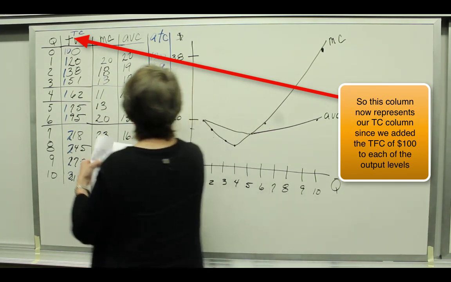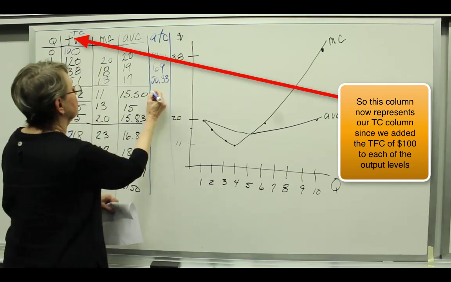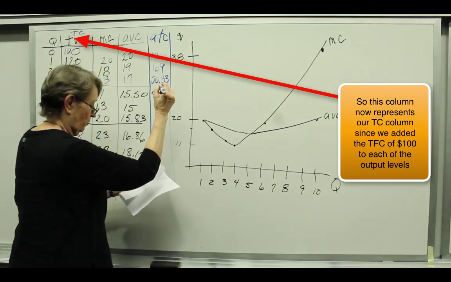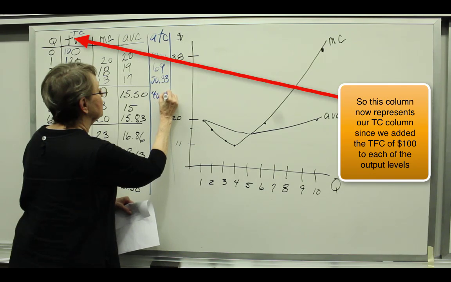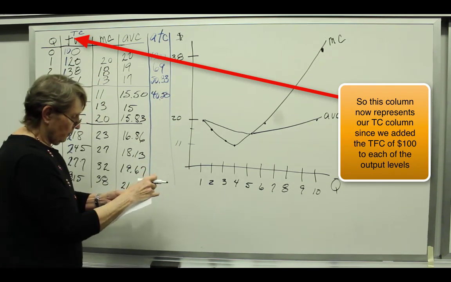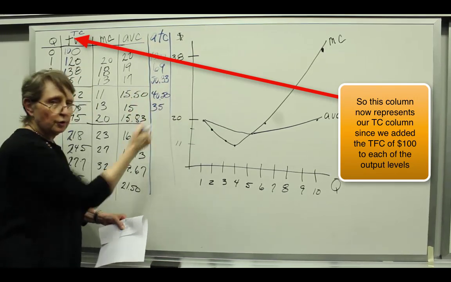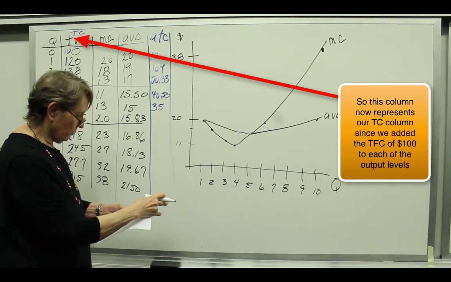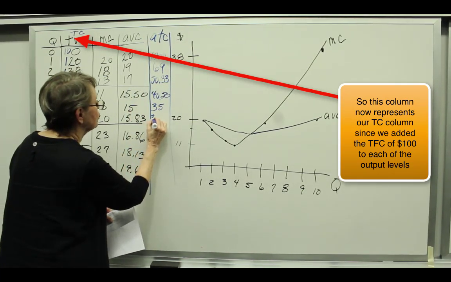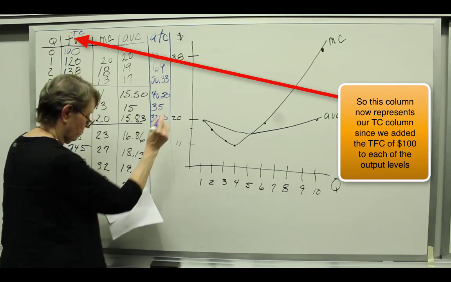$50.33. The next one is $40.50. Then it's $35. Look what's happening to my average total cost. They're going down. Then it's $32.50.